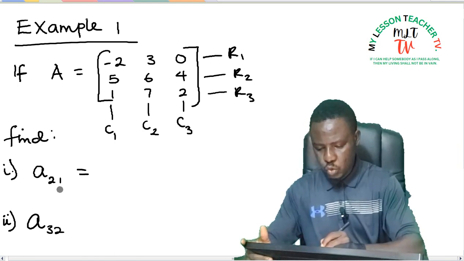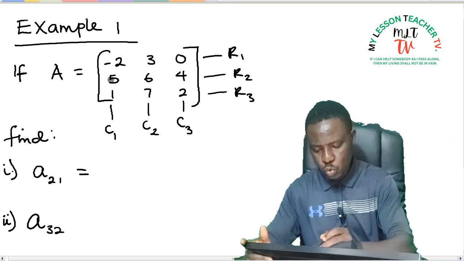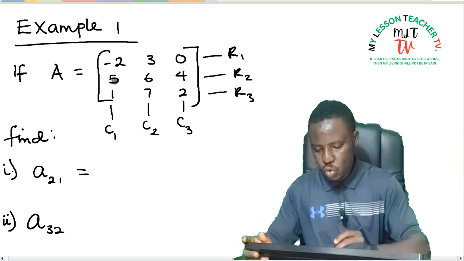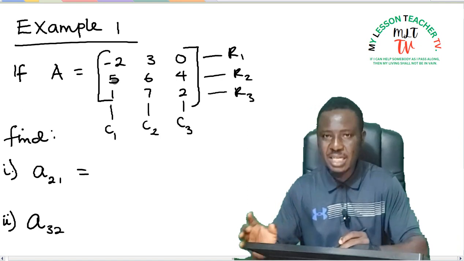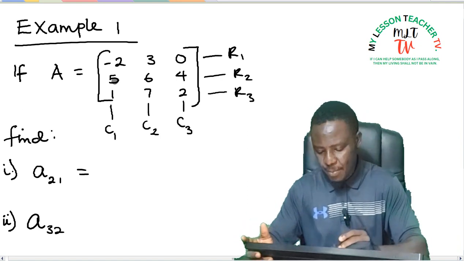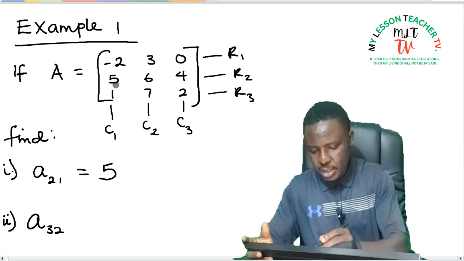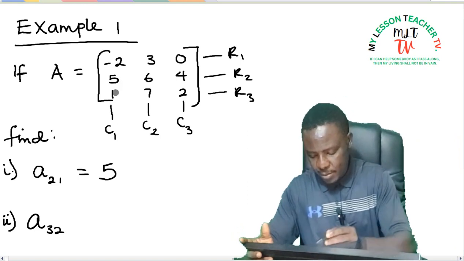So a21 means the element you can find in row 2, column 1. When you go to row 2 and column 1, you can trace it, and where these two lines intersect gives you the element at that point. And this is 5, because 5 is occupying row 2, column 1.